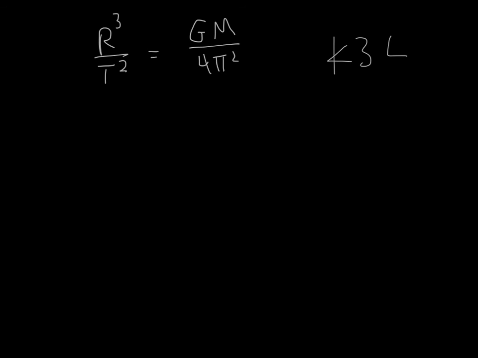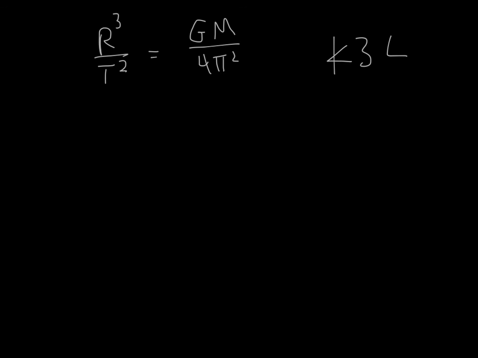So finally, let me just summarize what we have. We really came up with 3 ideas. One is that r cubed over T squared was GM over 4 pi squared. This is Kepler's third law, K3L, okay?